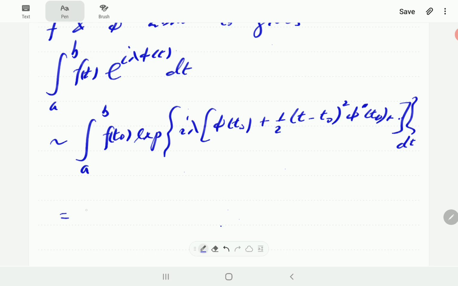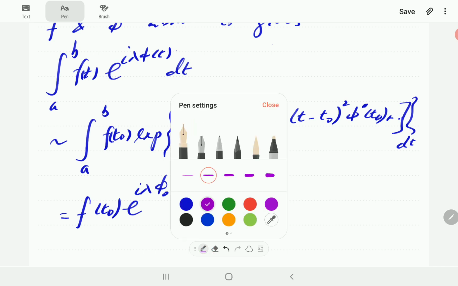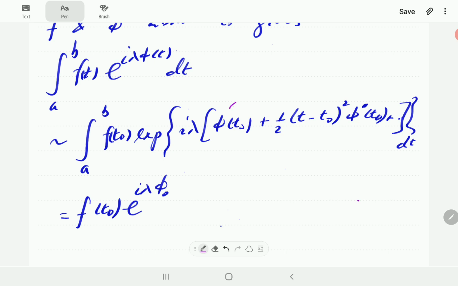then this thing is going to be f of t naught e to the i lambda, let's call this one phi naught, and let's call this one phi 2.